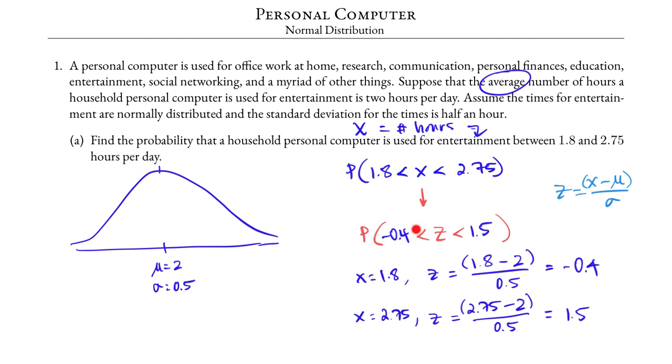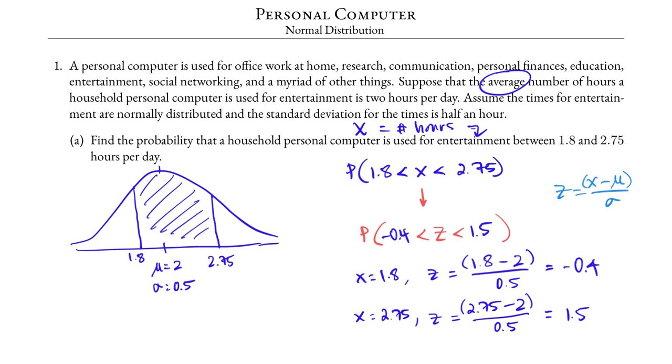Lower, negative 0.4 z-score, and upper, the z-score of 1.5. From the graph where we label the mean of 2 and the standard deviation of 0.5, we would label x 1.8 and x 2.75, and we're looking for the area in between.